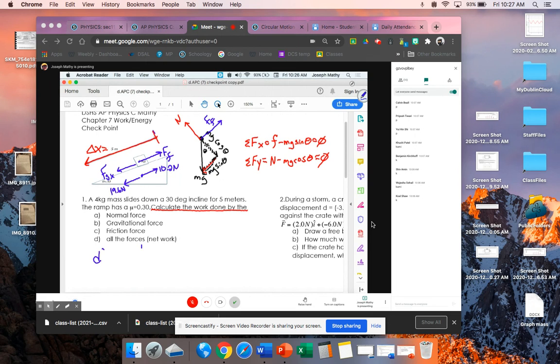For D, work net for the X dimension means that we could take the difference in forces, just as simple as this. So that would be what? 19.6 minus 10.2? This would be a net force of 9.4 newtons times 5.